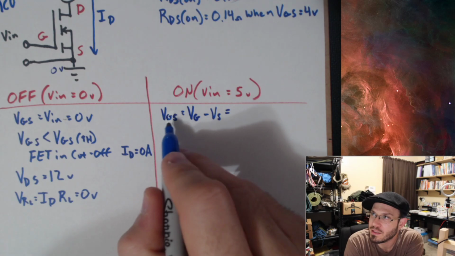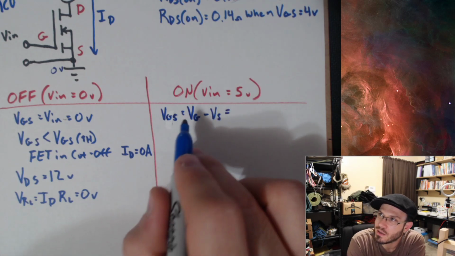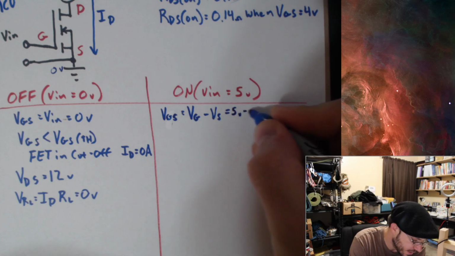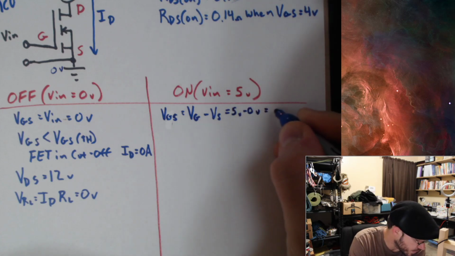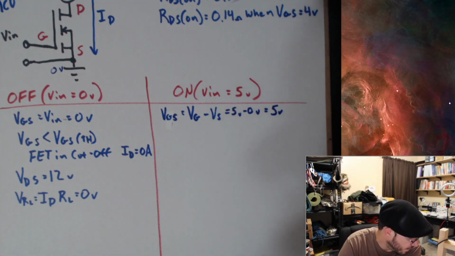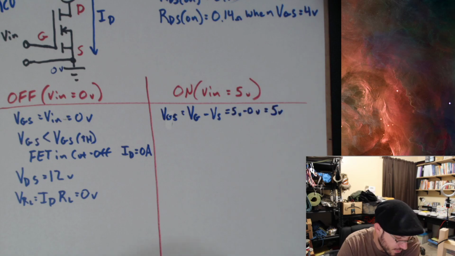Okay, so let's go ahead and look at this. We end up getting 5 volts minus 0 volts, which equals 5 volts. Cool. So is VGS greater than VGS-TH? Absolutely.